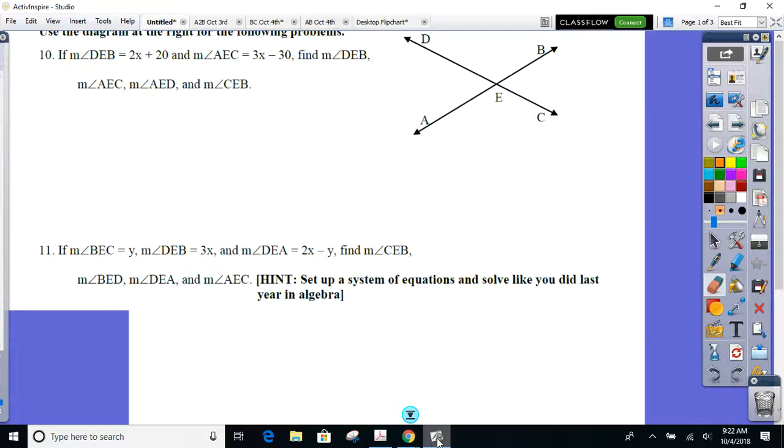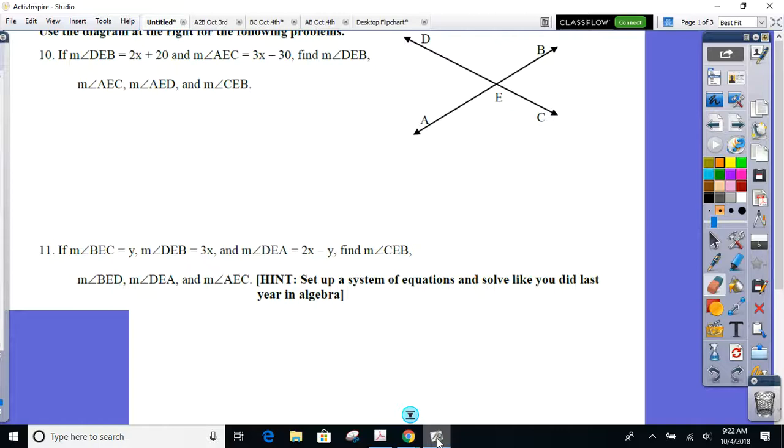Number 7, everybody: HKI is 56, HKG 124, and angle GKJ 146. Number 8, ABD is 70, and so is DBE, because they were congruent to each other. So hopefully you got the same answer there, 70 and 70.